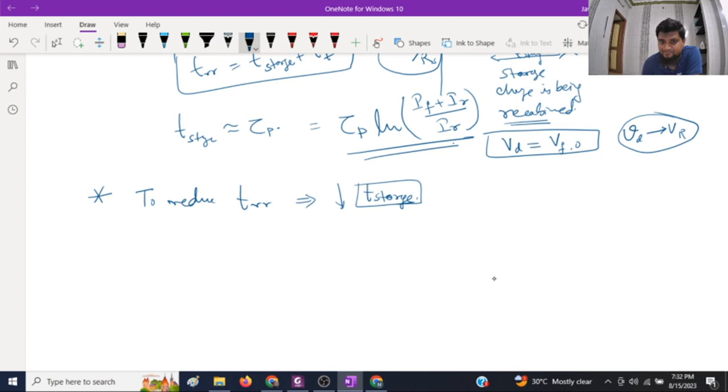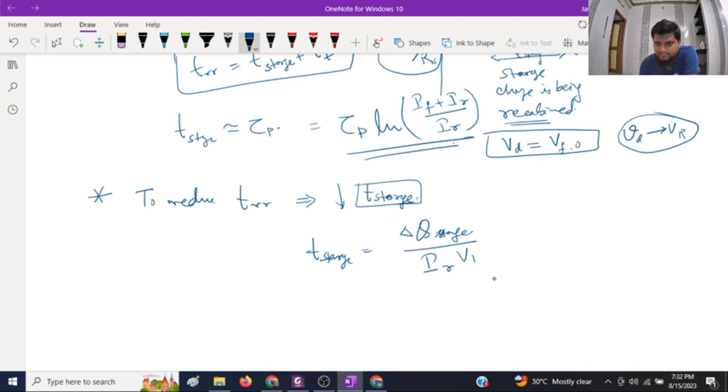How to do that? So what is T storage? Technically it is equal to delta Q storage divided by, of course, what is the total current that is actually flowing, that is IR. Okay, that is flowing in the reverse direction.